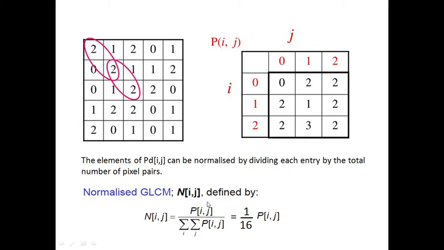So this will be my normalized GLCM. This is mainly performed because the GLCM is not a symmetric matrix, and the number of pixel pairs with gray levels i comma j may not be equal to the pixel pair j comma i. To overcome that, I am using the normalized GLCM.